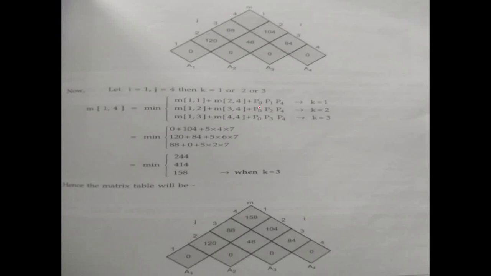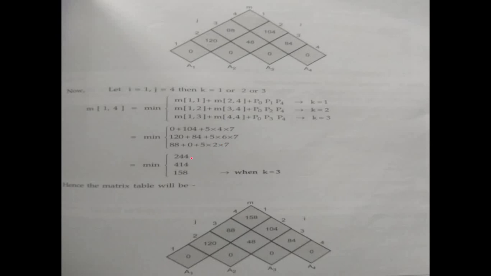So all results say our M11 is 0, M24 is 104, and from the equation we will put here P0, P1 and P4. The second way says M12, so here our M12 is 120, M34 is 84, and we will put P0, P2 and P4 from above. The third way says M13 and M44. So here 13 says 88, plus M44 is 0, and again P0, P3 and P4 directly.